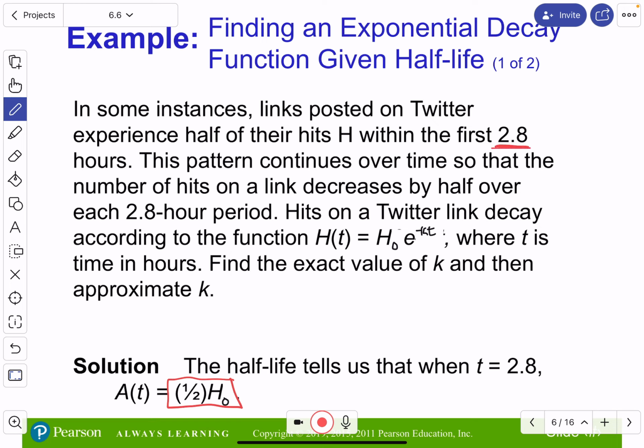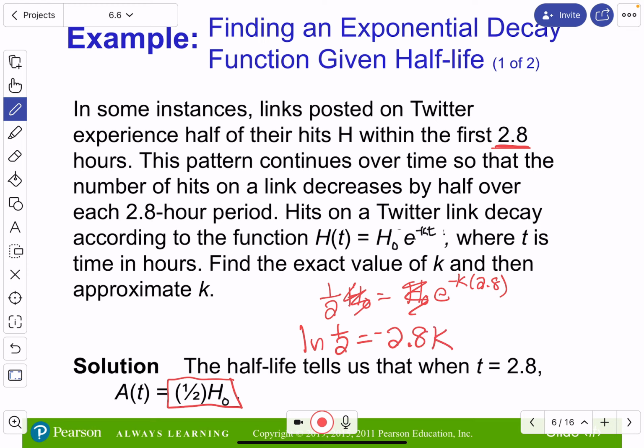The first 2.8 hours, so this time t is in hours, we're going to take our half of the initial value, and instead of t, we're going to put 2.8. So if we solved that out, our A naughts would cancel. We'd take the natural log of both sides, so ln of 1/2 is going to equal negative 2.8k.